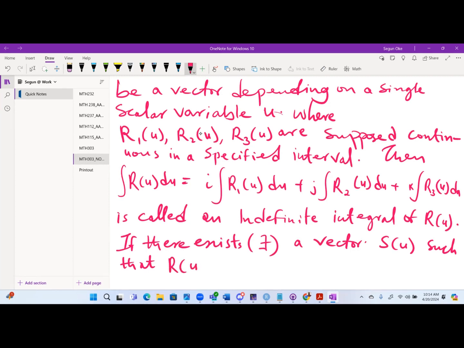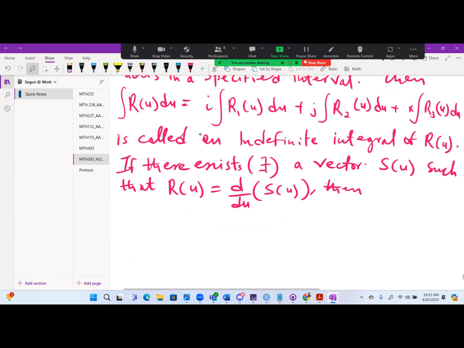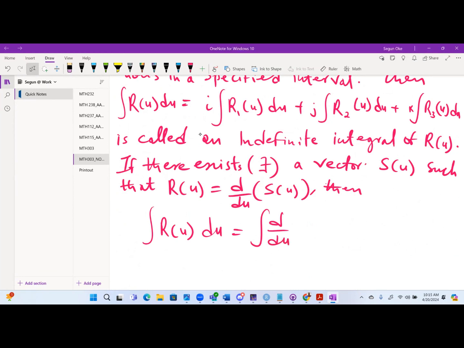R of u is equal to d du of S of u, then the integral of R of u du is the same thing as the integral of d du of S of u du, which is equal to S of u plus c.